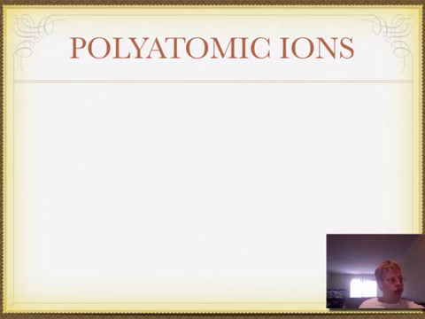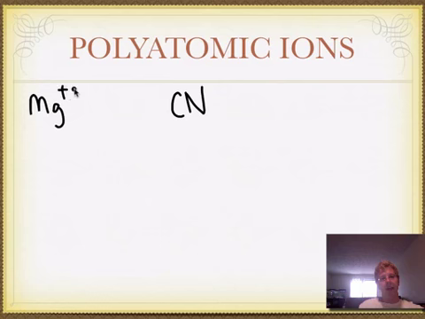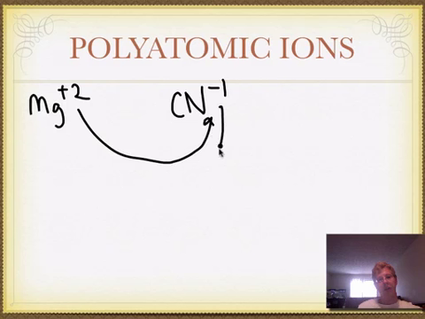If you were to need more than 1 polyatomic ion though, let's use magnesium and cyanide again here. So magnesium's a +2, cyanide's a -1. And this is a little bit different in that we're still going to switch our charges here and find out that we need 1 magnesium and 2 cyanides.